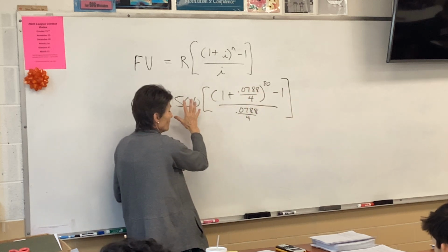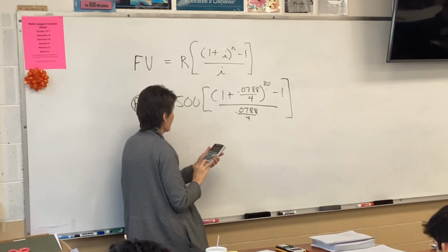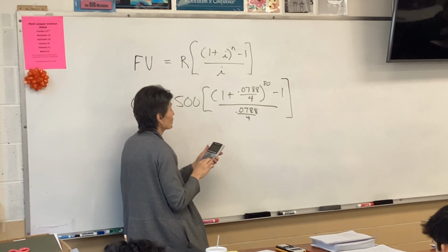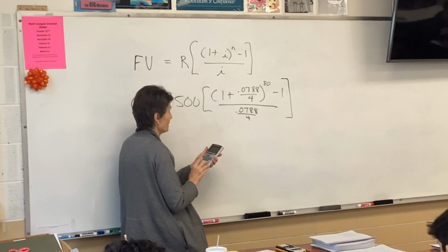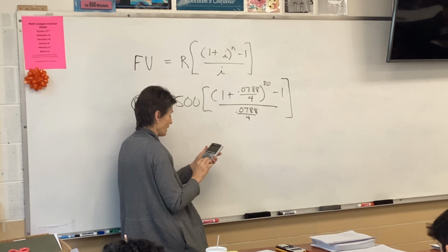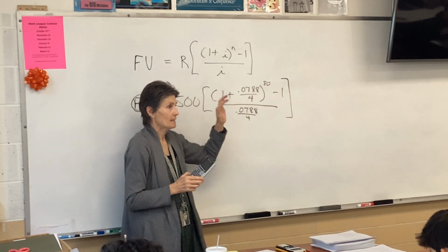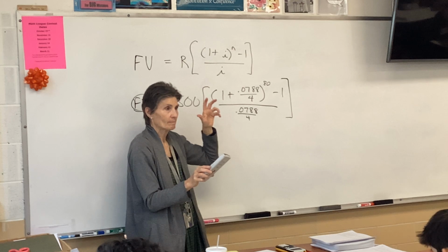So I'm not doing the 500 part, I'm just doing my numerator. Parentheses, 1 plus 0.0788 divided by 4, close parentheses, raised to the 80th, minus 1 equals. I type in my numerator and hit equals. Did you get 3.76? Something like that.